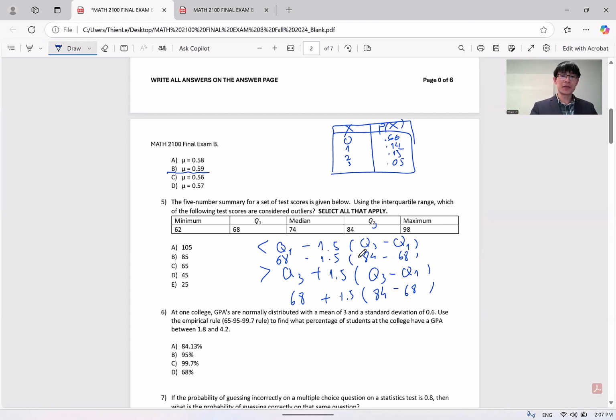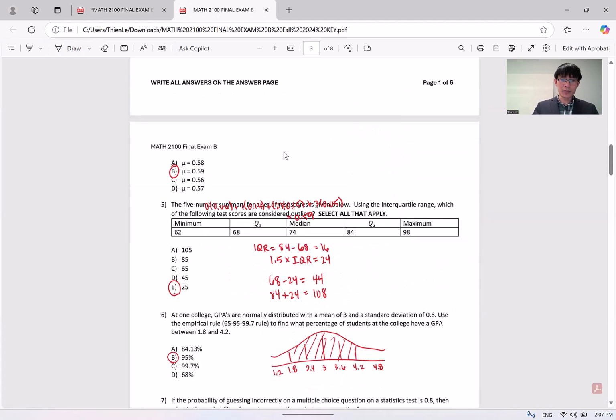You plug it into your TI calculator. We calculate the interquartile range first, which is Q3 minus Q1, which is 16, and 1.5 times 16 is 24. They break it down a little further for you to see it.